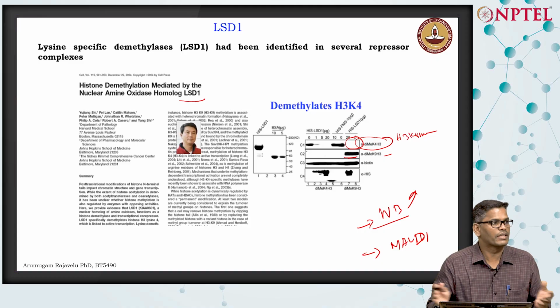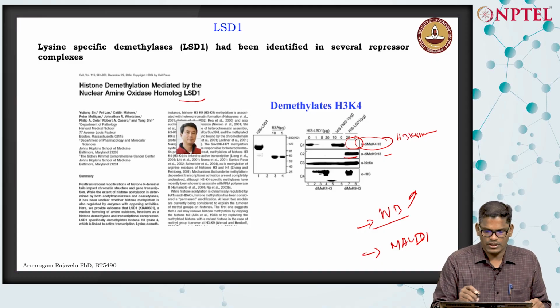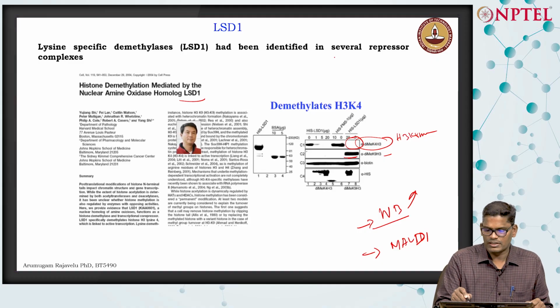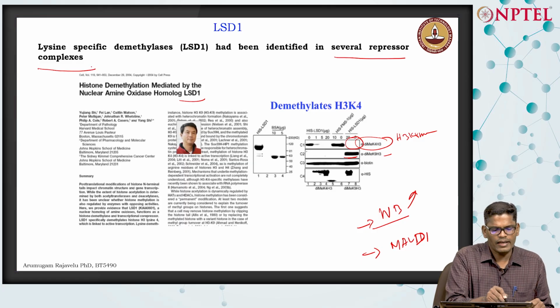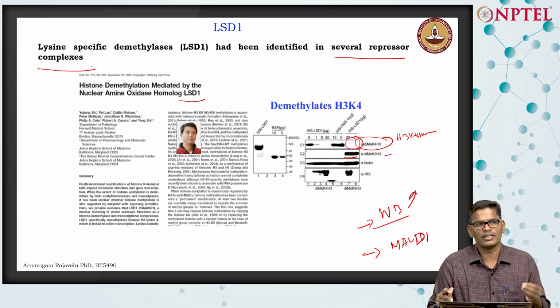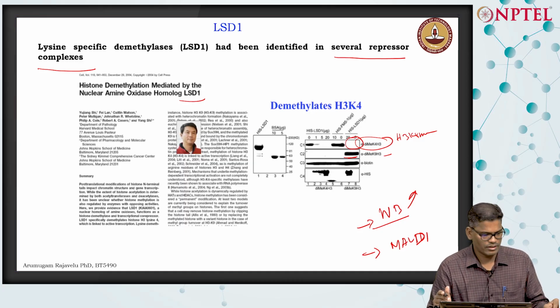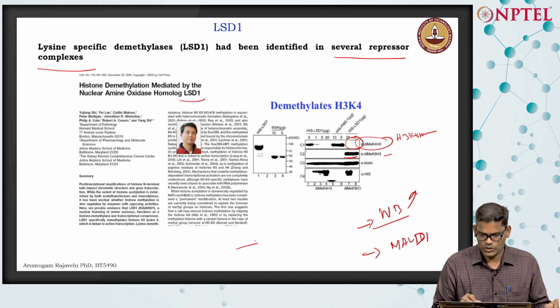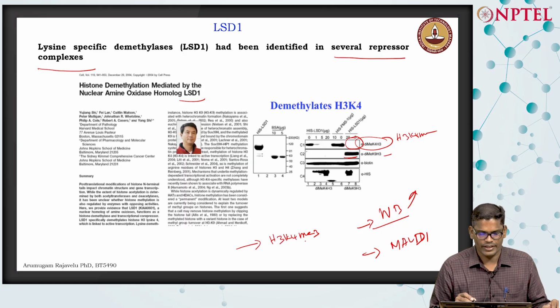I mean, it's demethylated. Most of the studies confirm it is part of several repressor complexes, which clearly suggests it is a gene repressor protein, because it efficiently demethylates the gene activation mark, right? So with LSD, you should keep in mind it is the H3K4me3 demethylase, right?